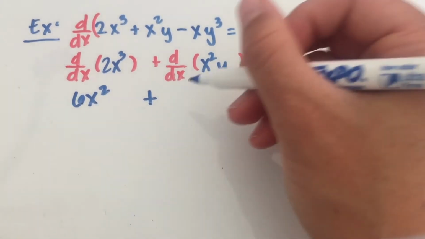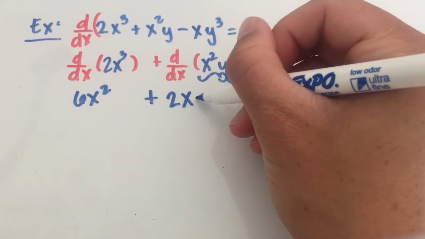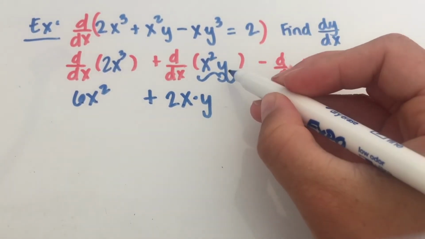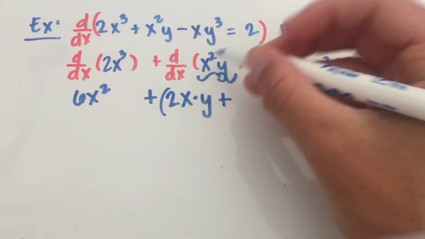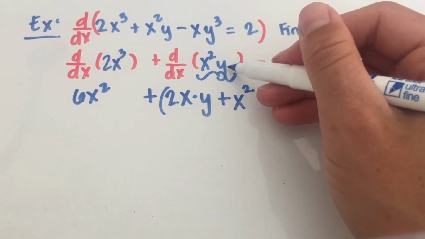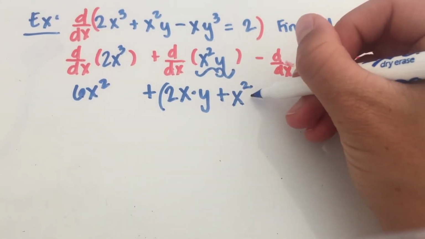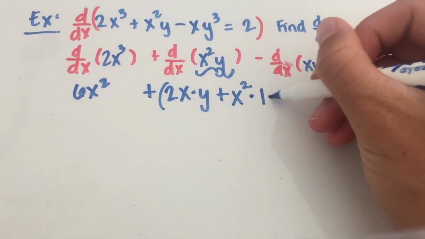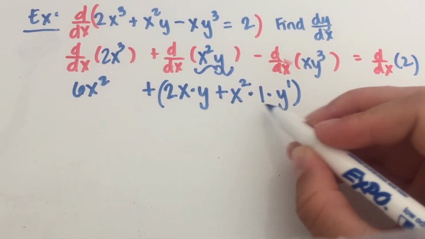The derivative of the first term will be 2x, times y, leaving that one the same. Then plus x squared times the derivative of the second term, which will be 1, and then times y prime because we're applying the chain rule to the y term for implicit differentiation.